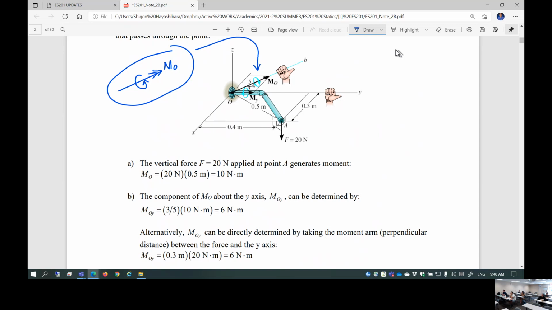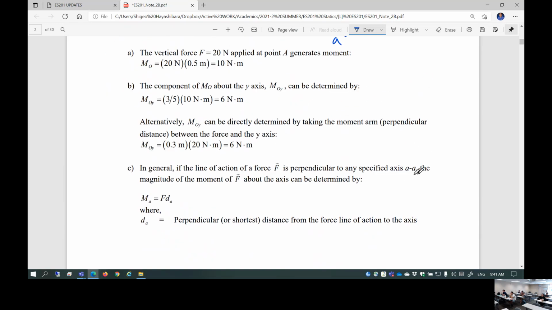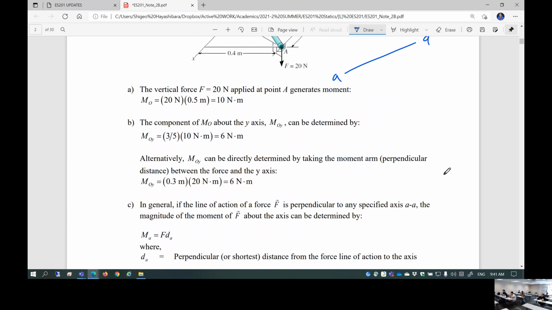This is the line of action of the force.